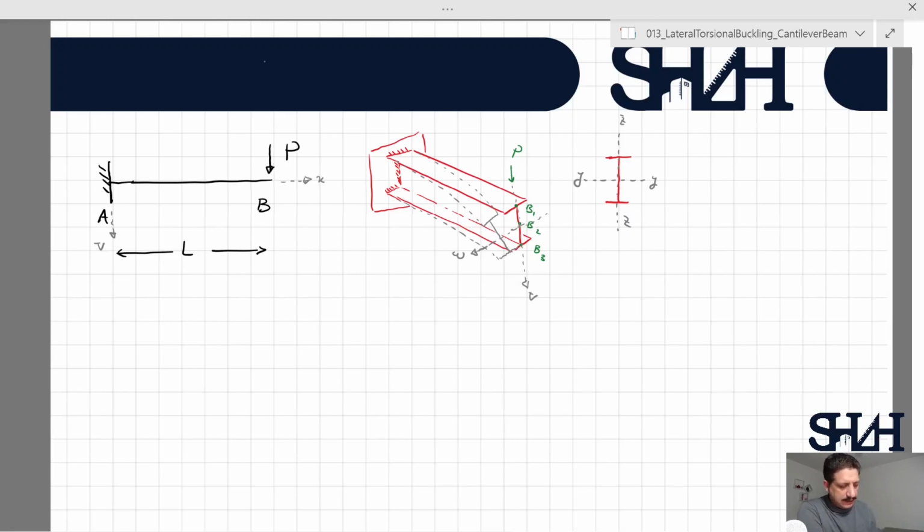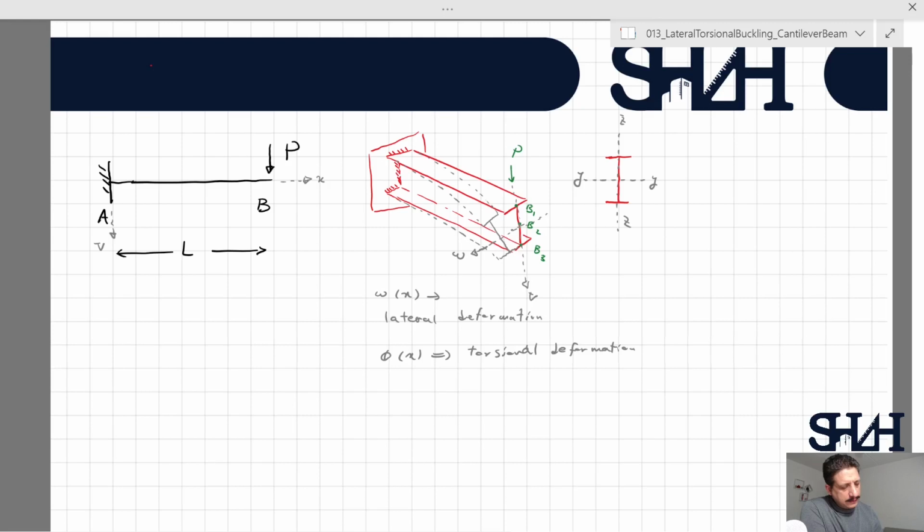So I can say that omega x is the lateral deformation, and also the rotation, I can name it phi x, the torsional deformation.